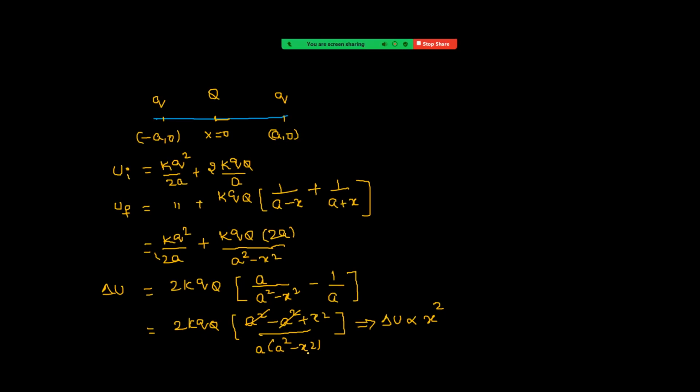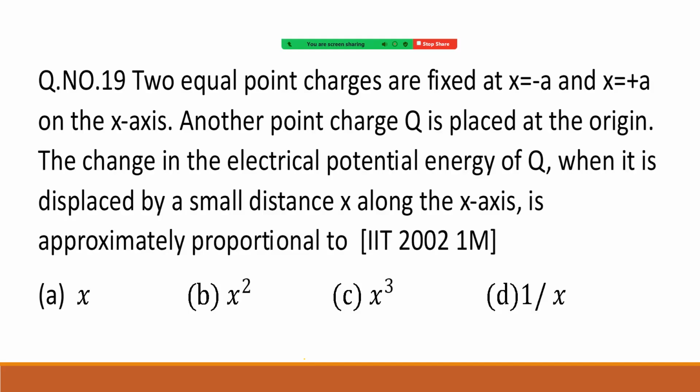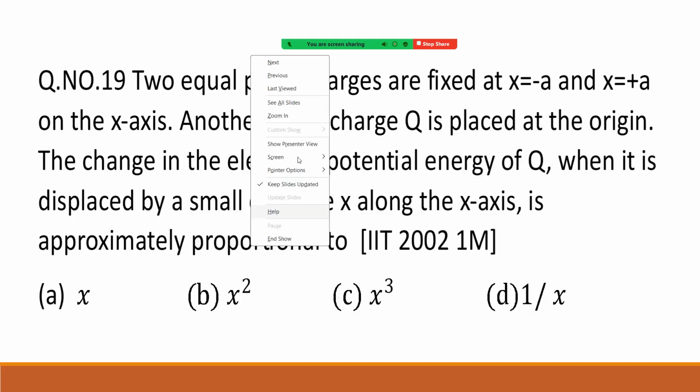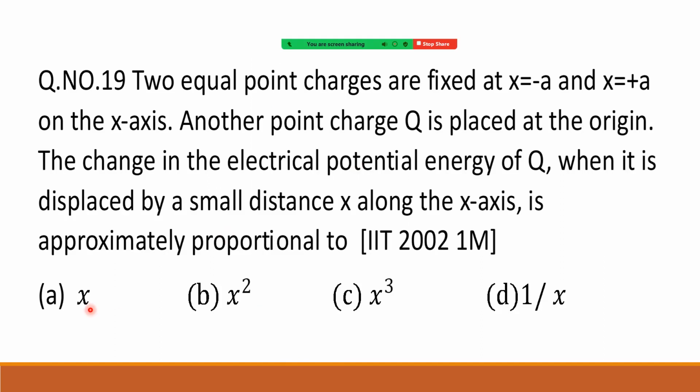Because here x is very small, that means x square also very small compared to a square, that means remains only some constant into x square. Right? Now see the options. You can see here the options given: proportional to x, x square, x cube and 1 by x. So the answer is now x square. Okay, right. Now see the next problem.